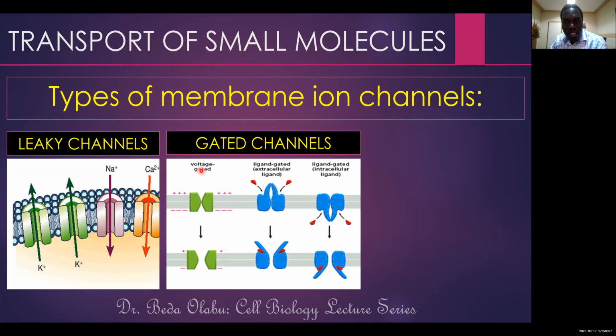If that electrical disturbance reaches a particular threshold, and the threshold will be different depending on which kind of channel, those channels open. Such channels will then be called voltage gated channels. It means that they open after the voltage of the cell membrane reaches a particular threshold. Tomorrow we'll be learning that there are some voltages which are on the cell membrane.